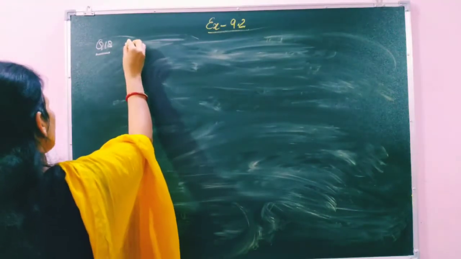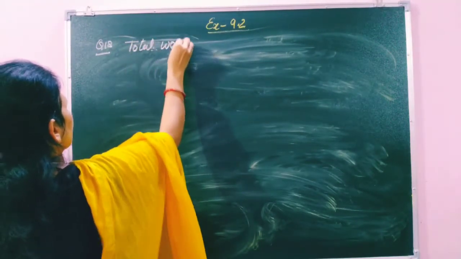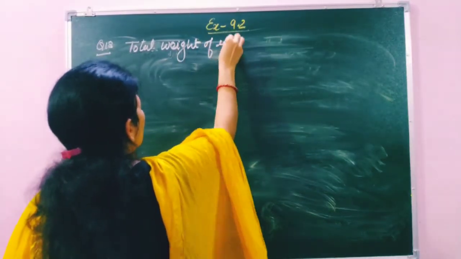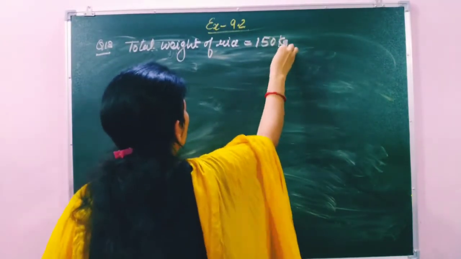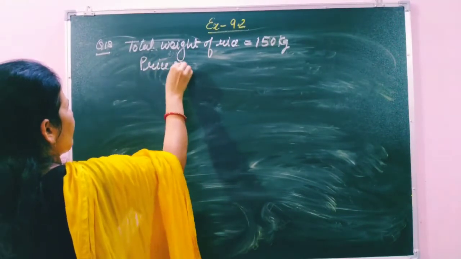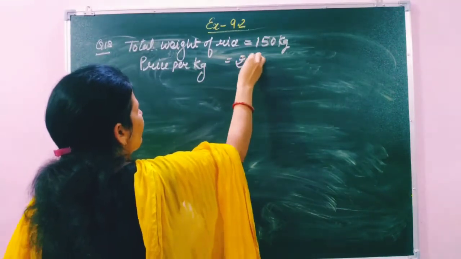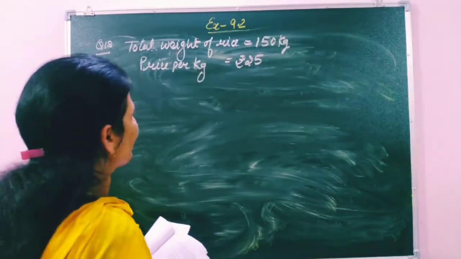So here we will write total weight of rice, that is 150 kg. Price per kg is rupees 25. Okay students, price per kg rupees 25.